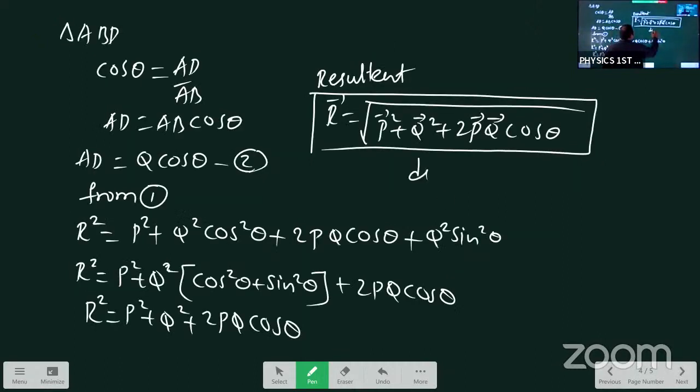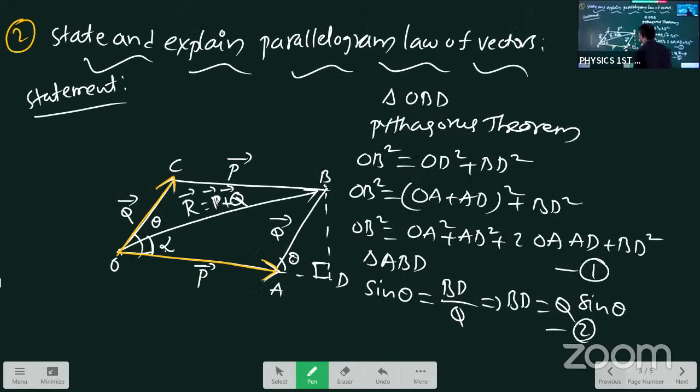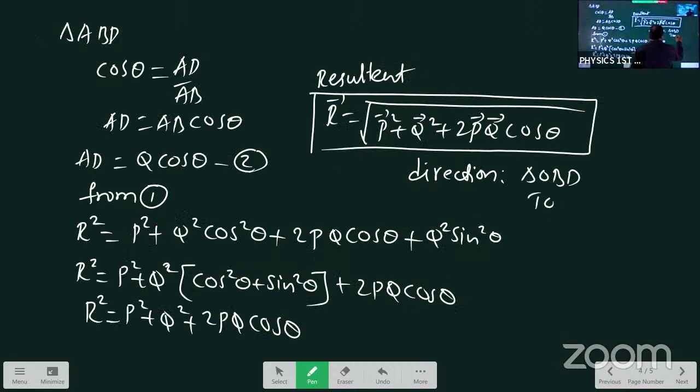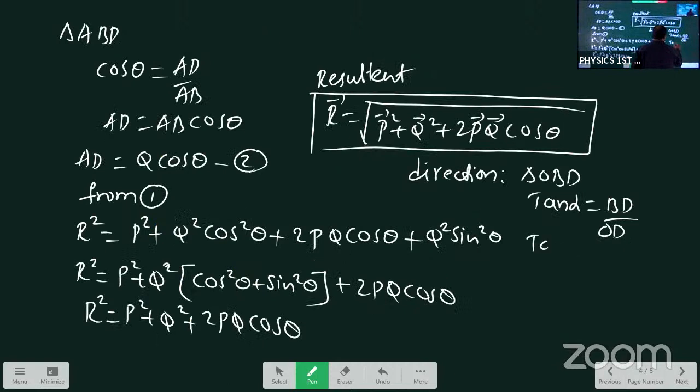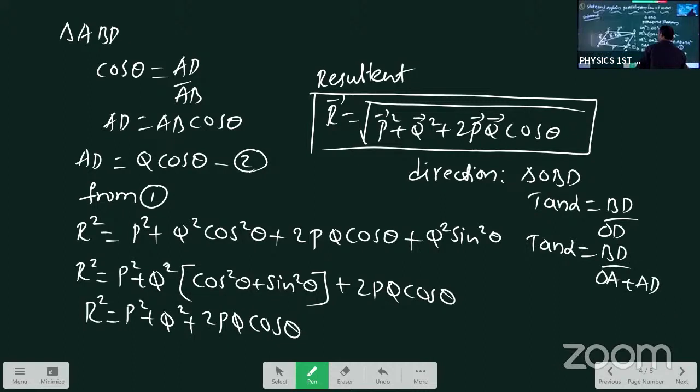See, I'm writing the direction here. Triangle OBD. Tan alpha equals opposite side BD by adjacent side OD. Tan alpha equals BD by OD, which means OA plus AD.